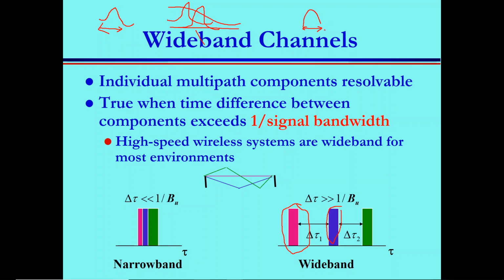When you have a signal of this duration and a channel of this duration, what would be the result? What's the duration of the result? You will get another signal that looks like this, that has a duration equal to T1 plus T2.